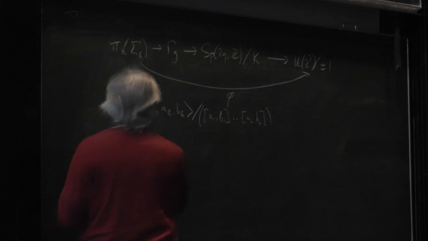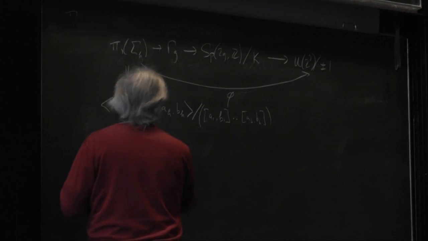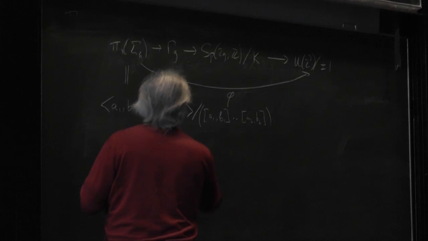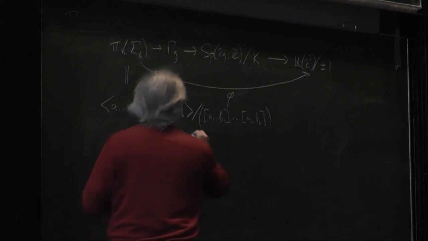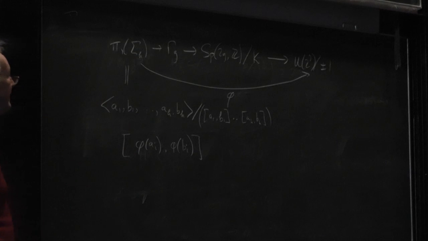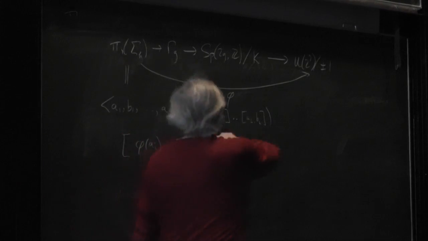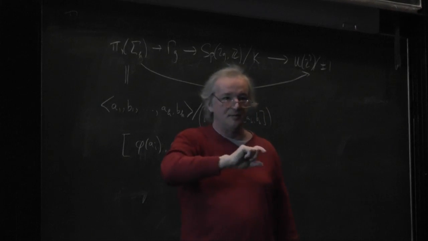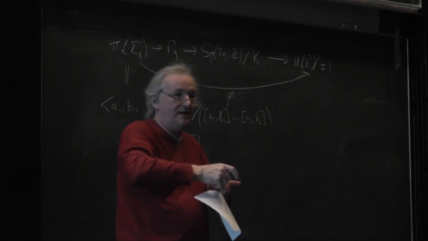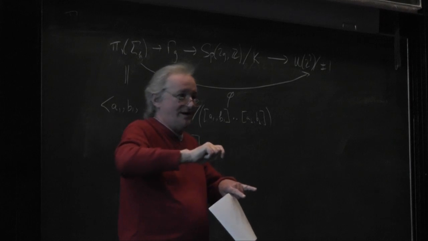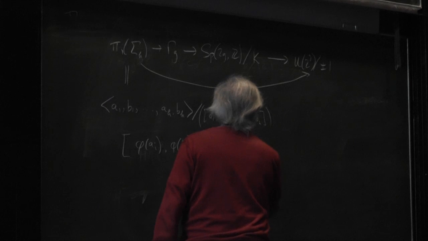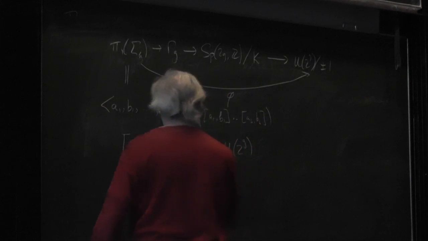So what do we do? Each phi of Ai and phi of Bi were only defined up to multiplication by plus or minus 1, but if you take their commutator, each thing occurs twice, so the signs cancel out. So it's actually well defined in U(2 to the g).